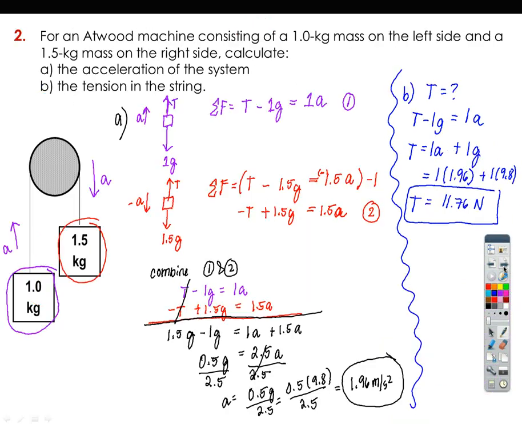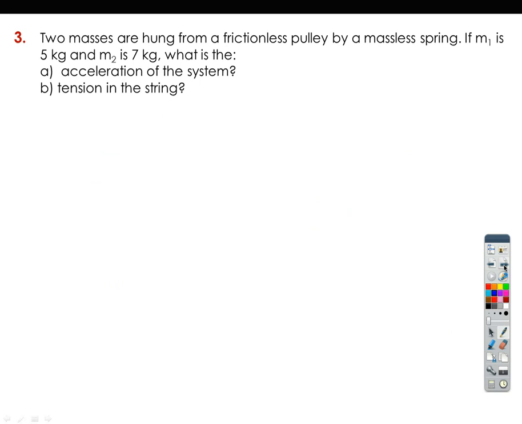Okay, next, number 3. It will be the same thing. Two masses hung from a frictionless pulley by a massless string. If M1 is 5 kilograms and M2 is 7 kilograms, what is the acceleration of the system and the tension in the string?